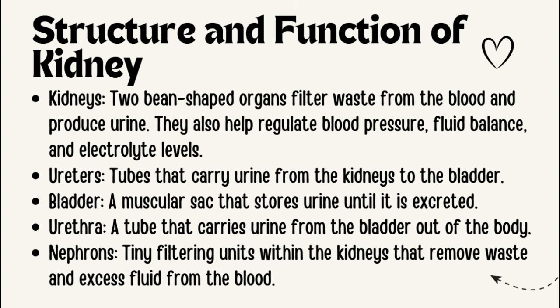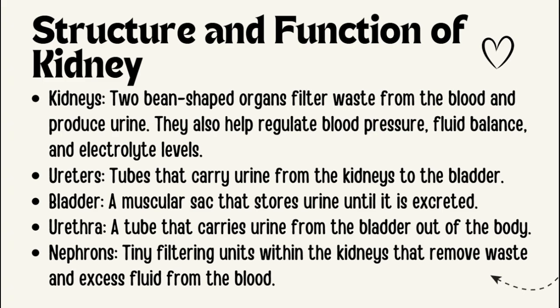Now, we said the urethra is what carries the urine outside of the body. The bladder is the sac that stores urine until it's excreted, and the ureter is the tube that carries the urine from the kidneys to the bladder.